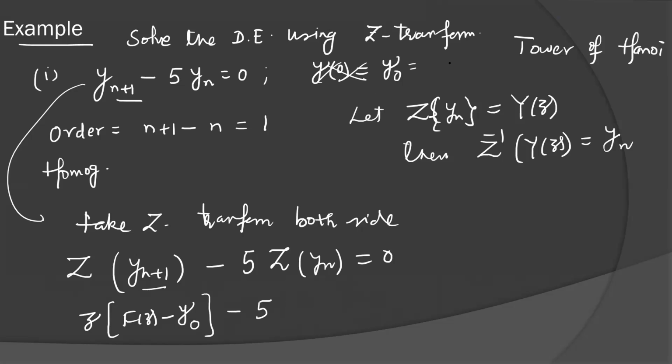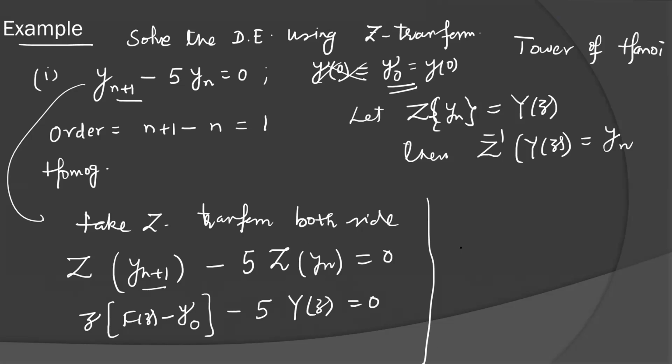You can give any value also, but I am taking y0 only. In other problems, I will give you a constant value like 2, 3, 4. In this problem, I am giving the variable y0.